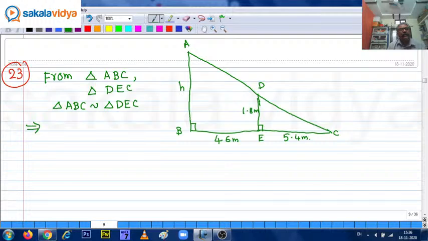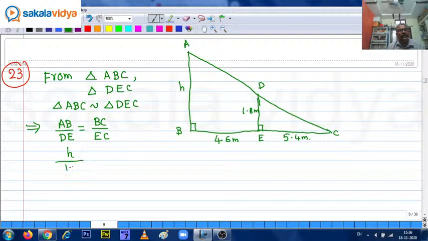So what do you write now? AB by DE, AB corresponds to DE, equal to BC by EC. So AB is H upon DE.